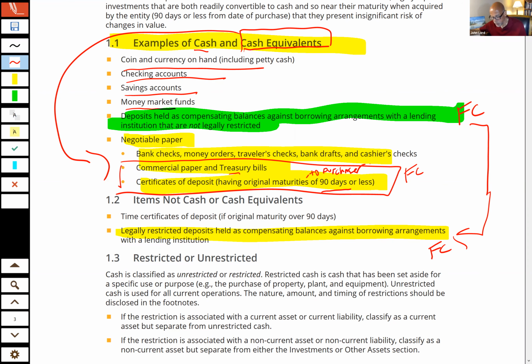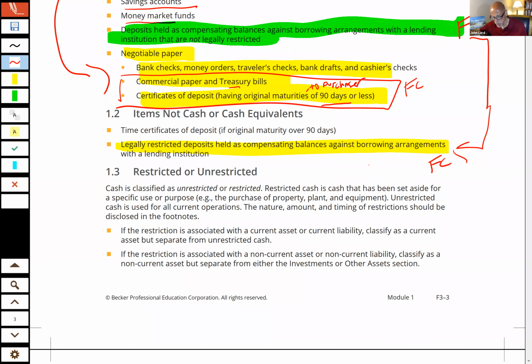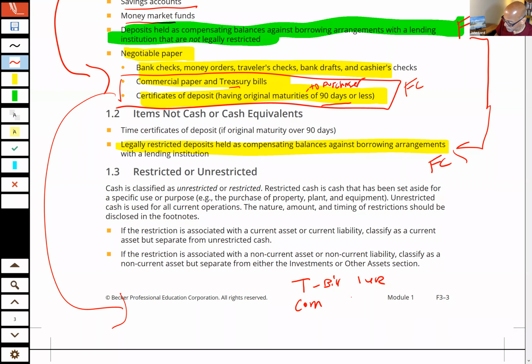Okay. Now, what I want you to do is just do a little example down here. Let's say we have a T-bill, and let's say it's a 1-year T-bill. And say company X purchases the T-bill on 1/1/2021.